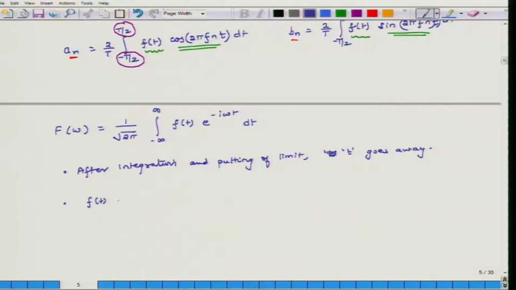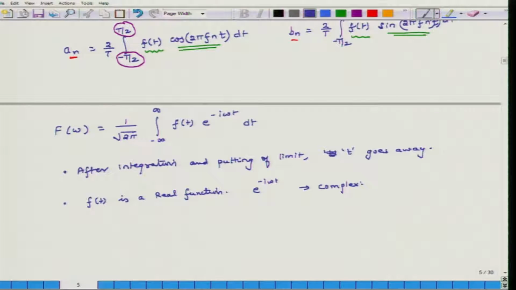f(t) is a real function, that is, it involves only real quantities, but e to the power of i omega t is complex.